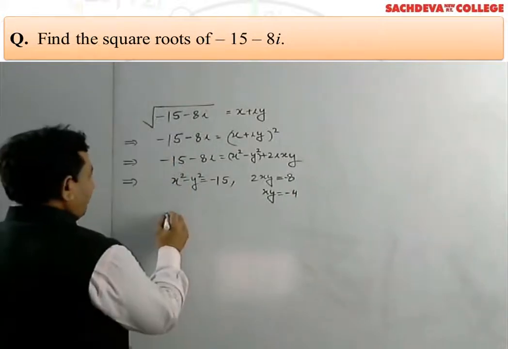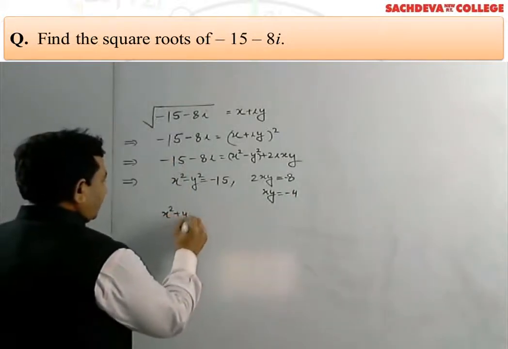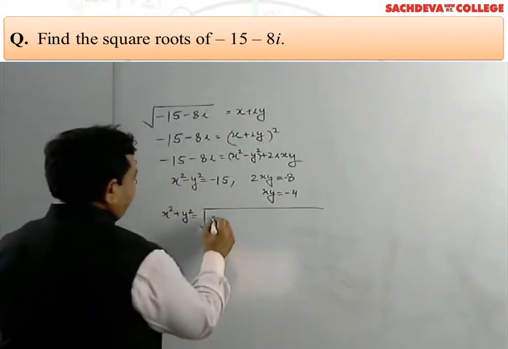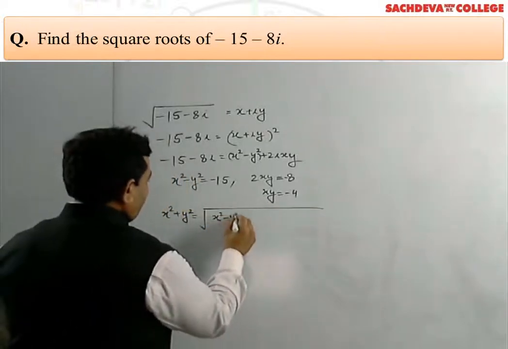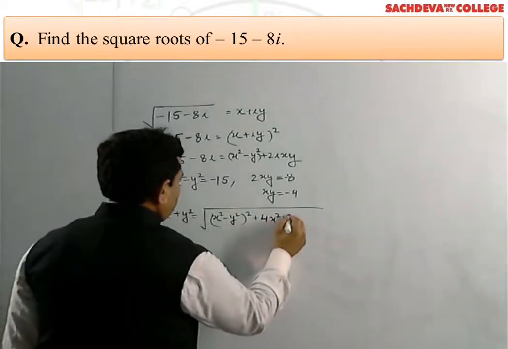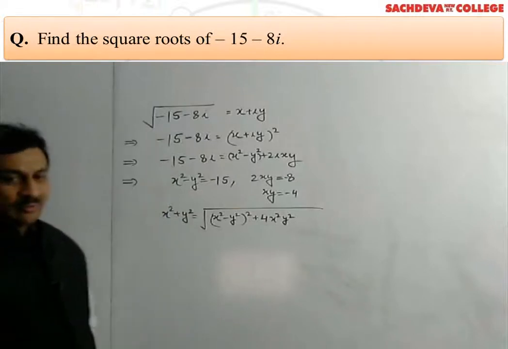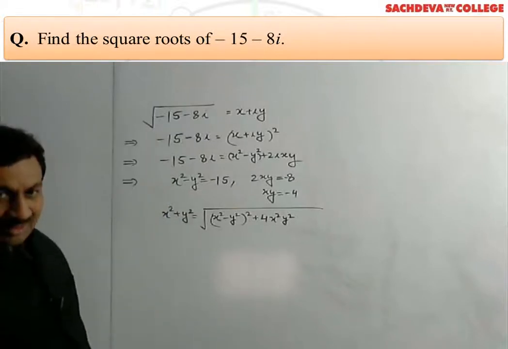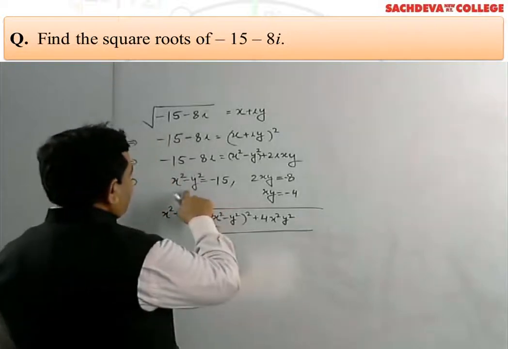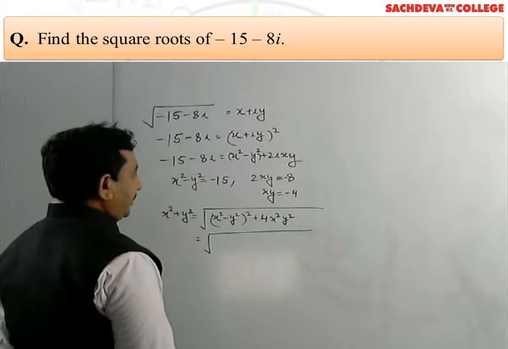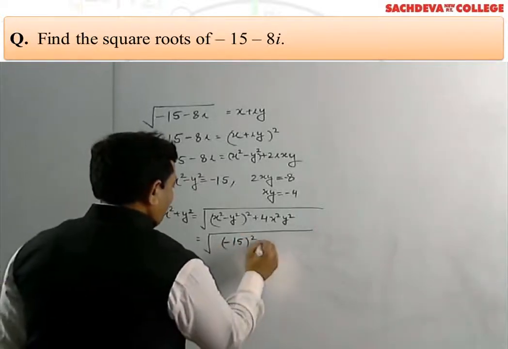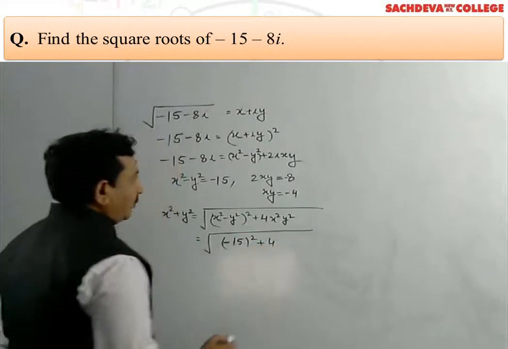Now using the formula, x square plus y square is equal to under root x square minus y square whole square plus 4x square y square. We find value of x square plus y square here, because x square minus y square is minus 15. So minus 15 square plus 4 into value of xy is minus 4.